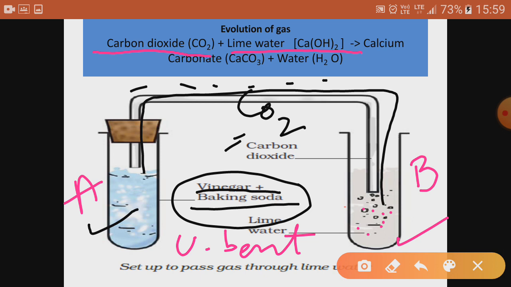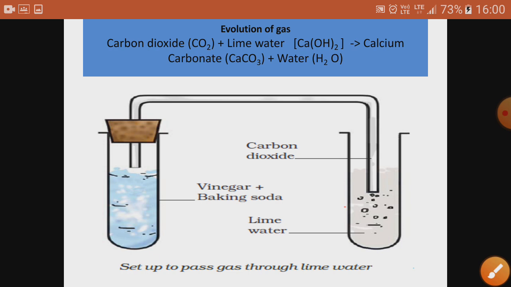Vinegar and baking soda combine and produce carbon dioxide. Carbon dioxide is passed to test tube B, which has lime water. Lime water is calcium hydroxide. So carbon dioxide combines with calcium hydroxide and it turns milky because of the formation of calcium carbonate.